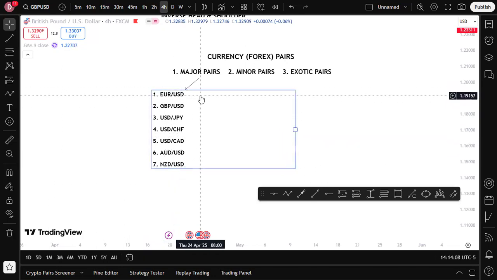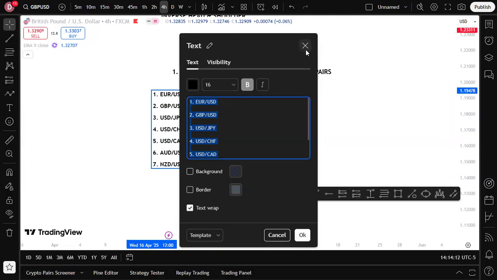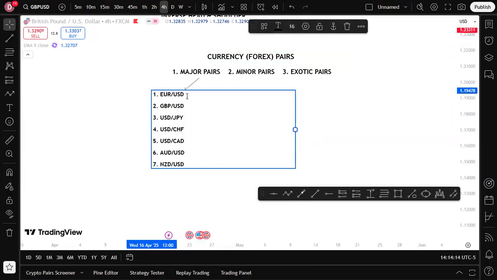I don't know if I should really write it down, but let me see if I can just write some. Let's say here is the euro versus the US dollar, right?